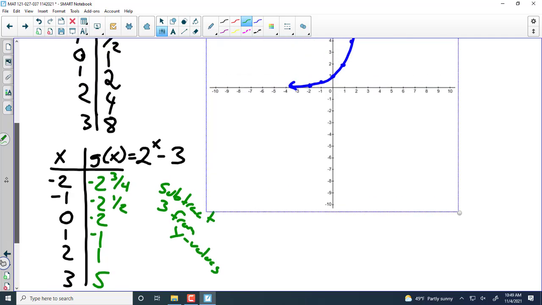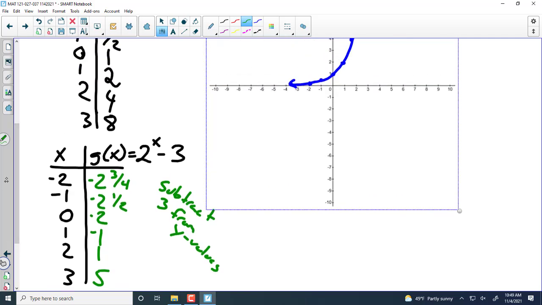And then if I plot those points, let's see here, negative 2, negative 2 3/4. This is not the easiest thing to do, everyone, but we can do it. Plug in 1, I get negative 1. Plug in 2, I get 1. That looks okay. Plug in 3, I get 5.